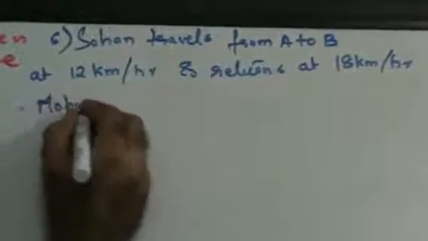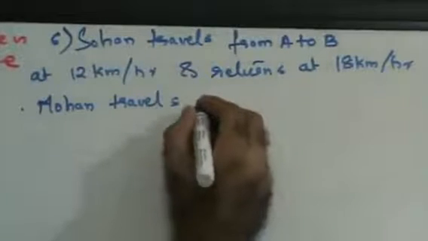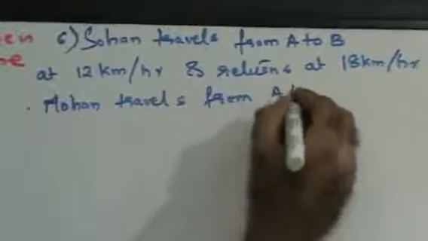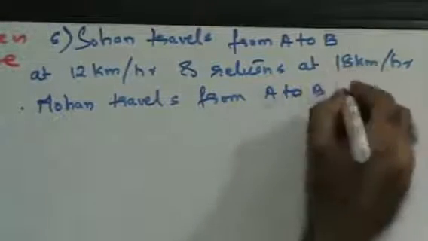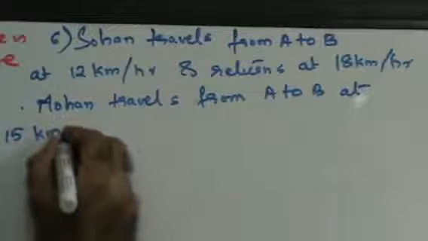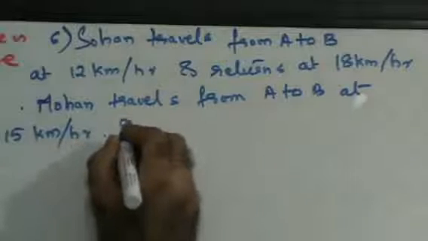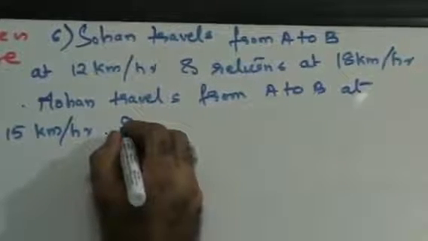Mohan travels from A to B at 15 kilometers per hour.